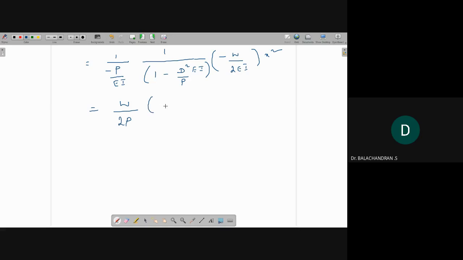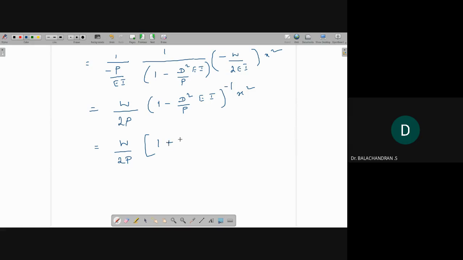Remaining, you can write 1 minus d square by p into EI in the numerator, so whole power minus 1 into x square. So this is equal to w by 2p into 1 plus x.